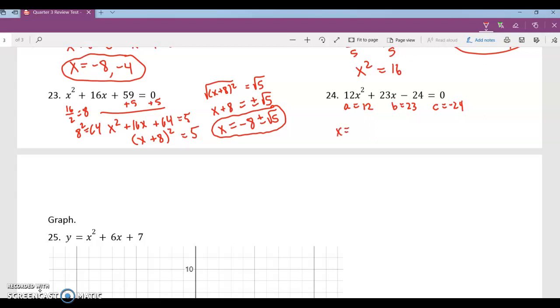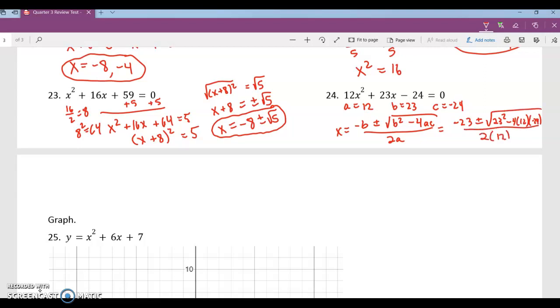Quadratic formula, x equals negative b plus or minus radical b squared minus 4ac all over 2a. I'm going to plug in, so I get x equals negative 23 plus or minus radical 23 squared minus 4 times 12 times negative 24, over 2 times 12. Sorry, I'm squeezing that in.